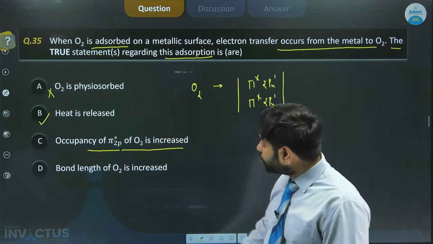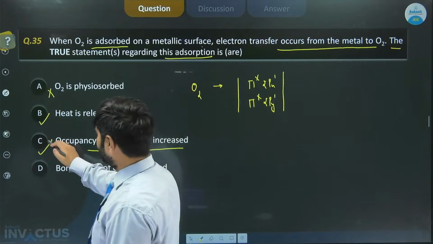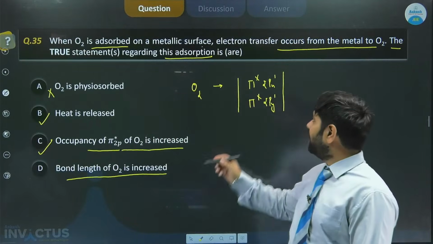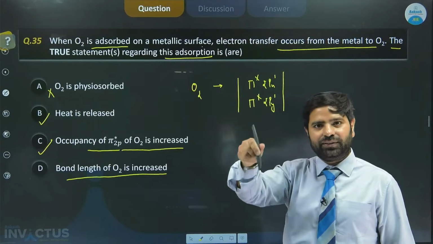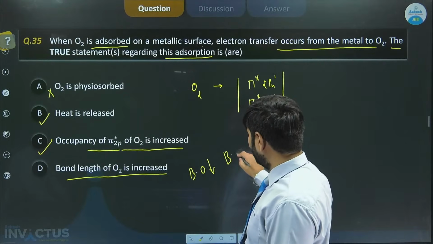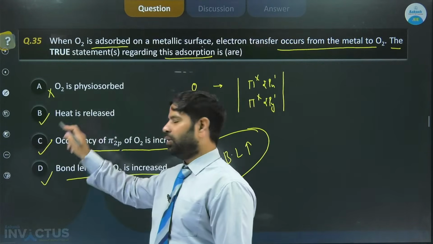So it is asking whether the occupancy of pi star 2p of O2 is increased. Yes, obviously it would be increased. And bond length of O2 is increased. When you transfer the electron into the anti-bonding orbital, the bond order would be decreased. We can say the bond length would be increased. So option D is also correct.